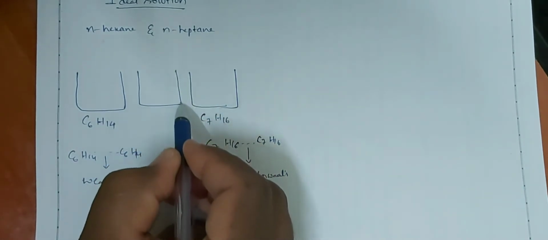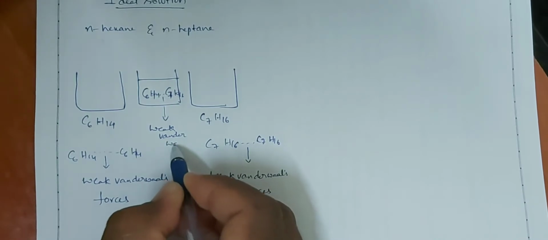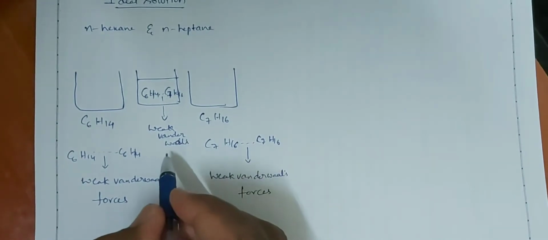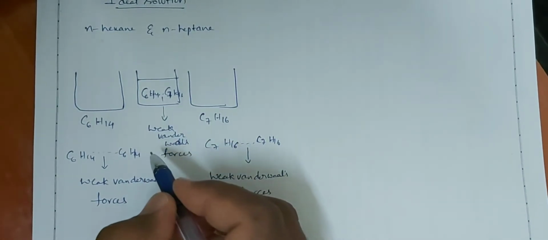Even after the addition of these two to form a solution, between C6H14 and C7H16, only weak van der Waals forces are there. No old forces are broken or new forces formed.